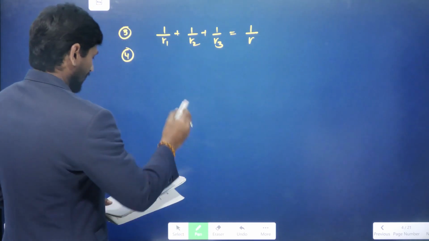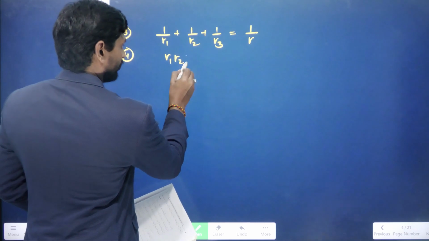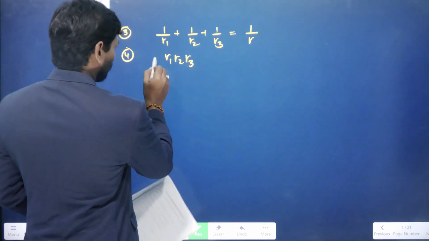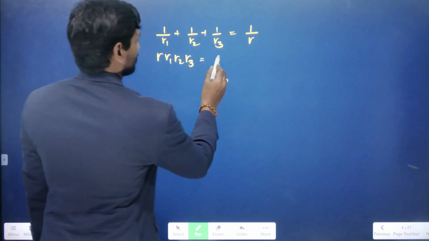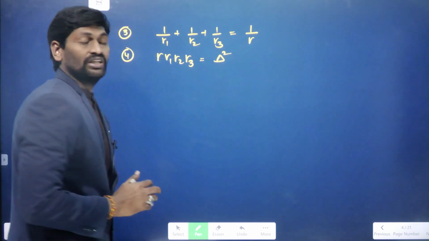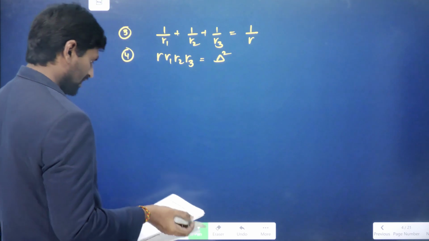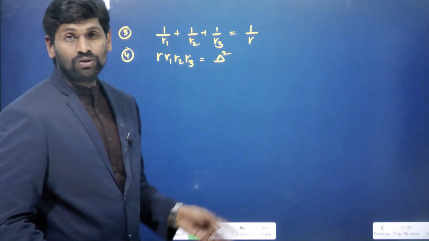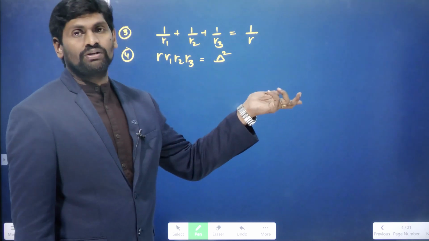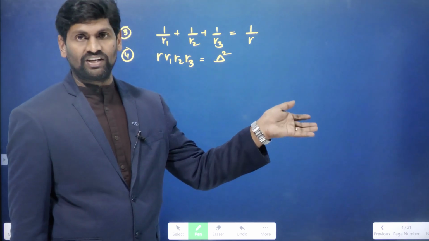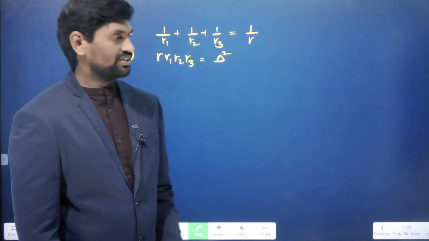r into r1 into r2 into r3 is equal to delta square. Delta is nothing but the area of a triangle. Delta square means the delta formula, root of s into s minus a into s minus b into s minus c, but square means without the root. That means s into s minus a into s minus b into s minus c only remains.